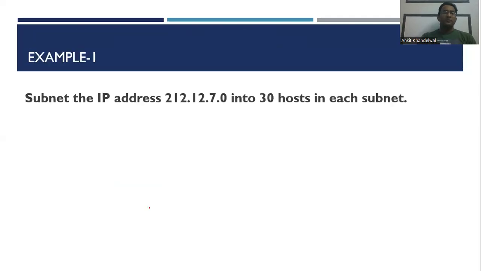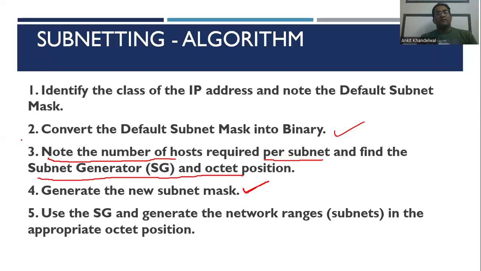So look at this particular example. We are going to subnet the IP address 212.12.7.0 into 30 hosts. Now, what does step number one say? It says that for the IP address given in the question, first of all identify the class of that IP address, and note down the default subnet mask there.